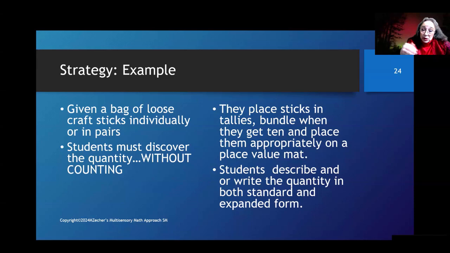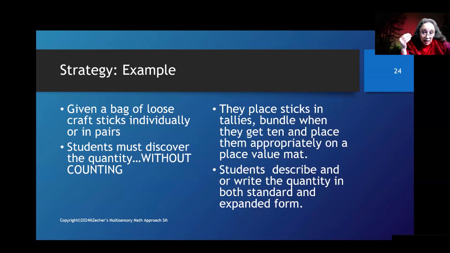Then, as they build the quantities, they build the numbers of tens, I have them decide how many sticks they have in their bag. Or I might have them just build as many tens as they can in 2 minutes and then come back the next day and do the same thing. And the day after that, how many hundreds can they build from the tens they've made?